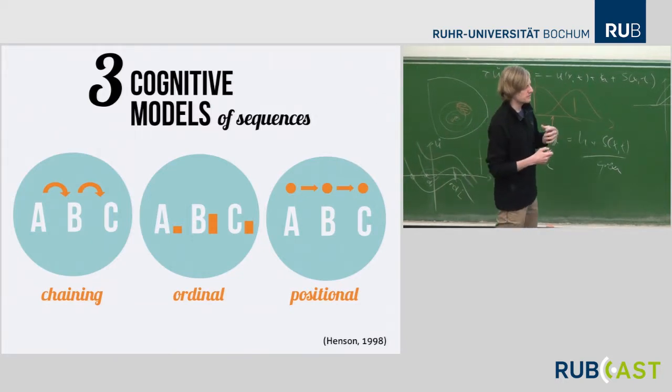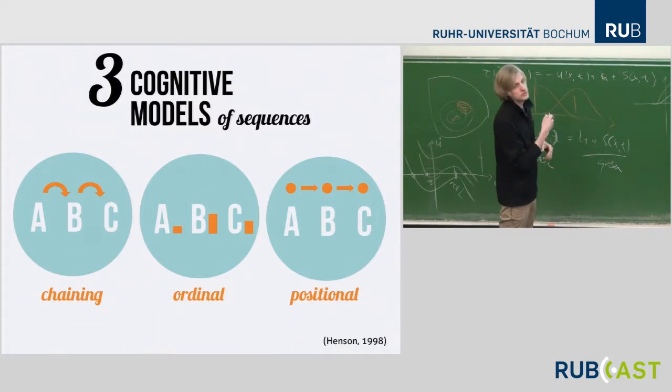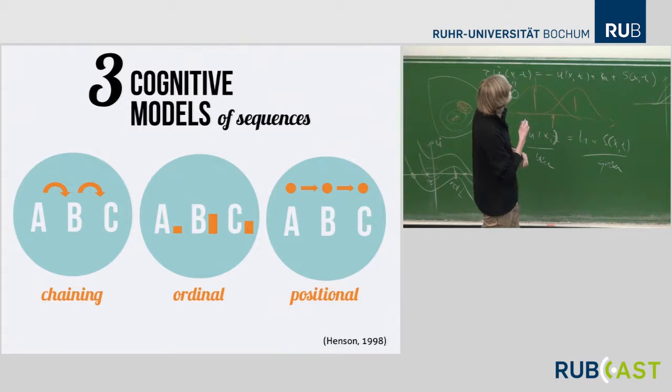And other models are mostly modifications of these three types. So the first one, let's say you have these behaviors A, B, and C, and you want to do them in some sort of sequence. The first thing that you can do is called chaining. So you do your action A, and as soon as you're done, there's a connection from A to B, so you move on to the next one. So this is why it's called a chain.